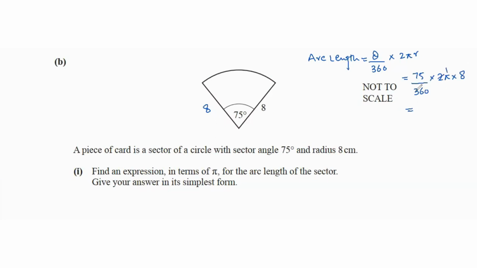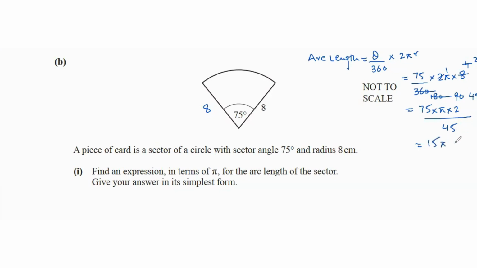2 ones are 2. 2 times 180 is 360. 2 times 90 is 180 and 2 times 4, 2 times 45 is 90. So 75 times pi times 2 over 45. 75 divided by 5 is 15 and 45 divided by 5 is 9.